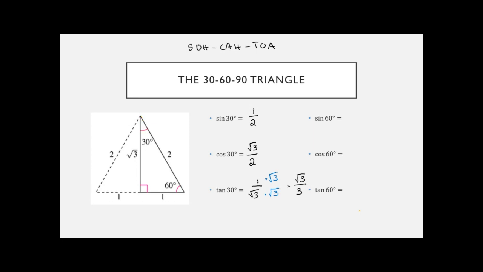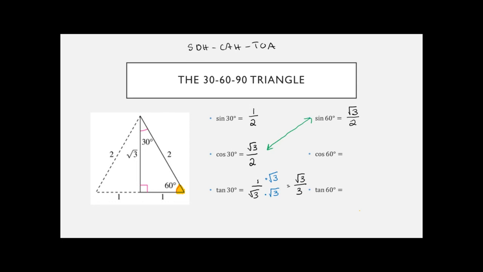So now let's look at it from the other angle, the 60-degree angle. So sine of 60 degrees, in this case, opposite is the square root of 3, and then the hypotenuse is still 2. So you can see that the sine of 60 degrees is the same as the cosine of 30 degrees. Cosine of 60 degrees.